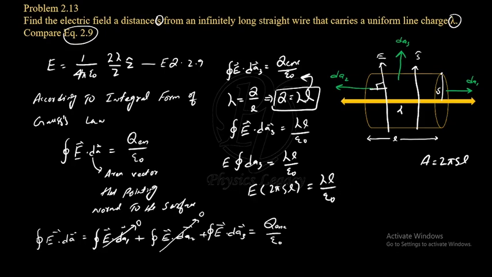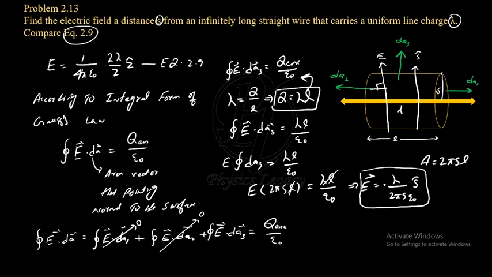Here both L will cancel with each other and we have E is equal to lambda over 2 pi S epsilon naught. And in vector form, we have the S unit vector here, and that is the E field due to this line charge distribution.